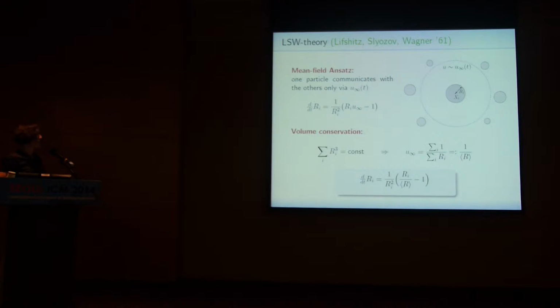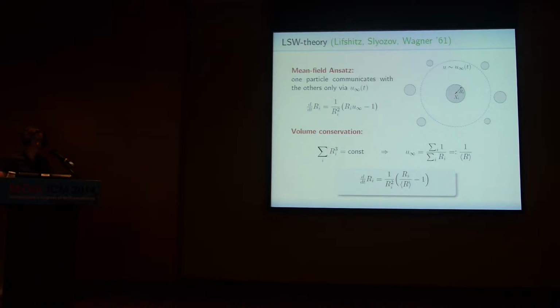So again, they say, okay, we are in the limit of very small volume fraction, so the size of particles is much smaller than the distance to the nearest neighbors. So they make a mean field ansatz, which in this case means that they assume that one particle, say this particle i, communicates with all the others only via an average potential, which I call u infinity at the moment. All these particles outside contribute somehow to u infinity, we don't know at the moment how, but this particle sees only this average value.